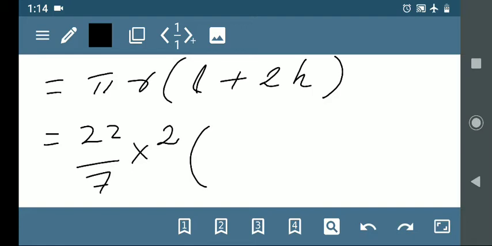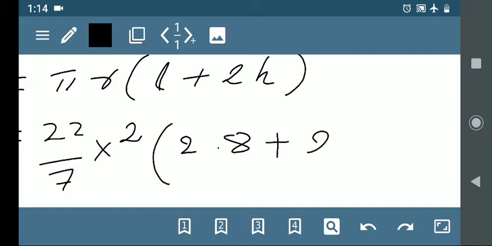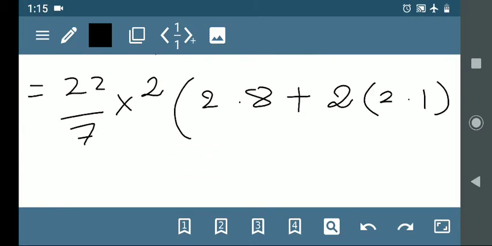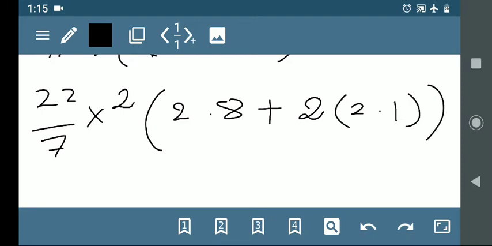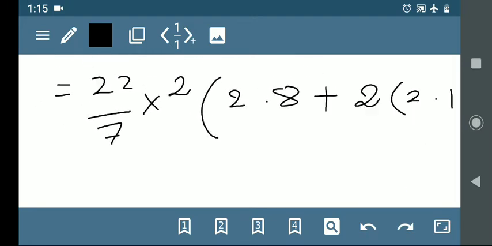Slant height is how much? 2.8 plus 2 into height of the cylinder, which is 2.1. So brackets close, which is equal to 22 into 2 is 44 divided by 7.